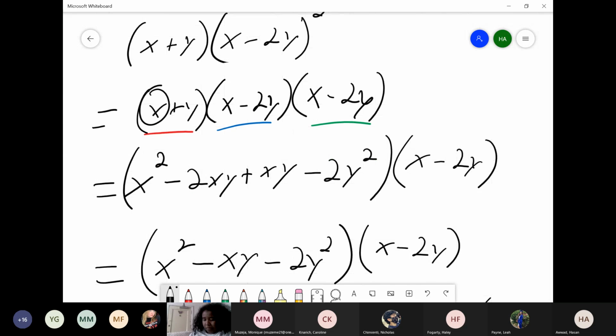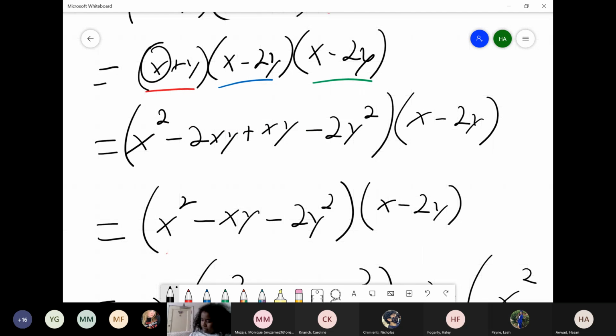So we write it twice, and then we just start with multiplying either of the binomials together, whether you do the red and the blue or the blue and the green, doesn't really matter. You're always going to get the same order either way, and you're always going to end up with one binomial remaining times a trinomial. So again, what I mean by that is you're always going to end up with something with 2 terms times something with 3 terms, regardless of the order that you take here.